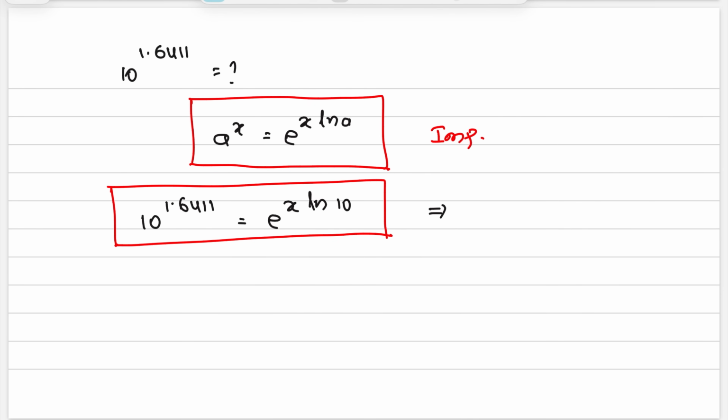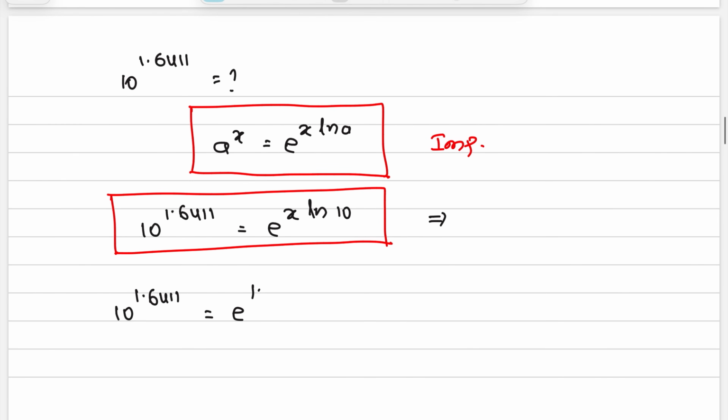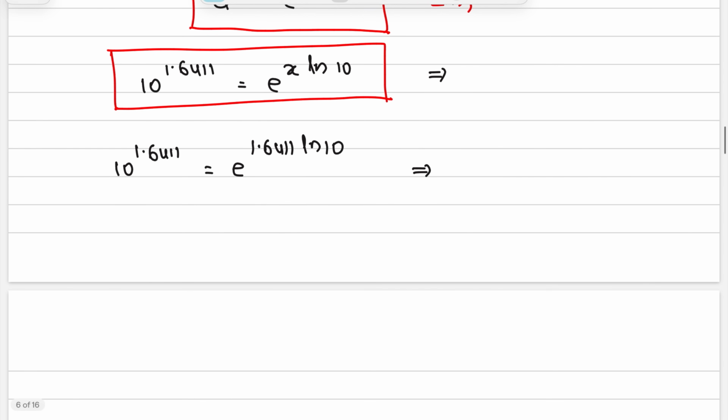That implies 10 to the power of 1.6411 is equal to e to the power of 1.6411 into ln 10. What is the value of ln 10? That implies we have to find out the value of e to the power of 1.6411 ln 10.